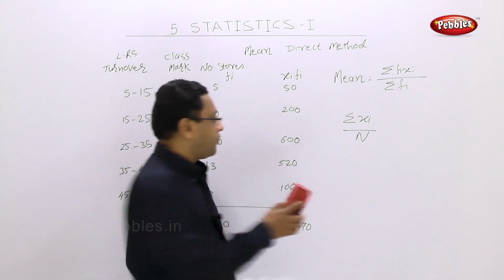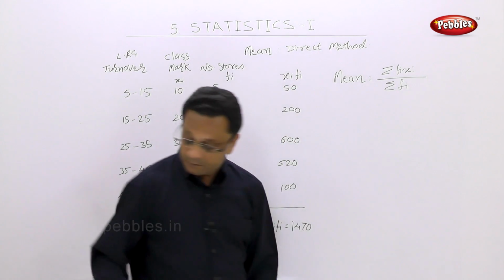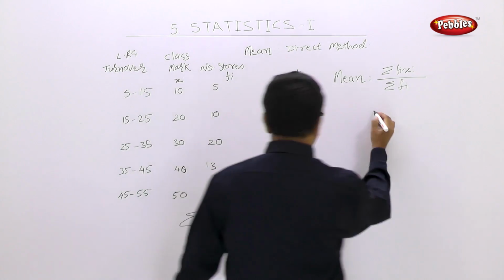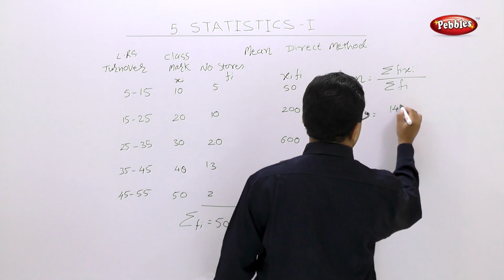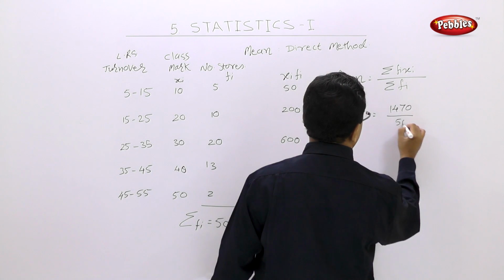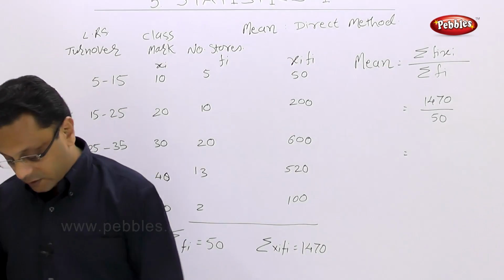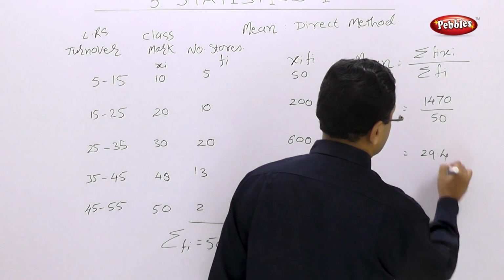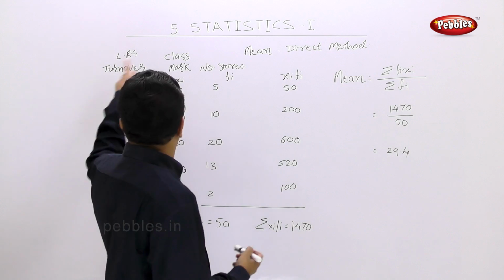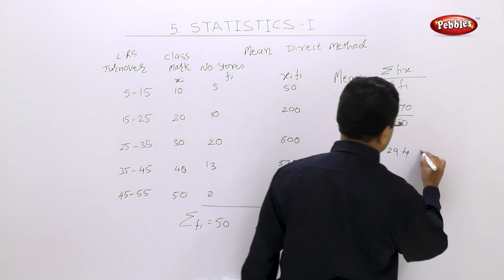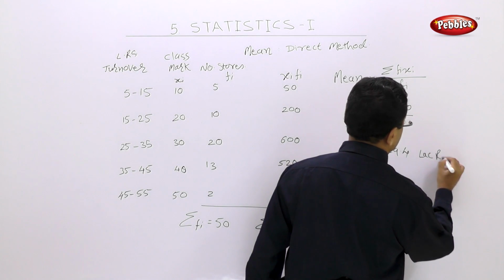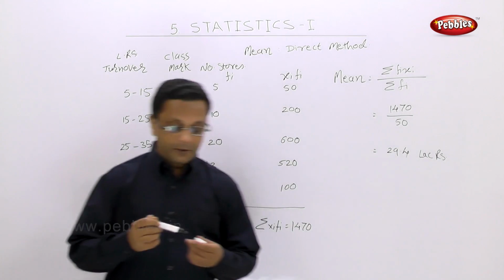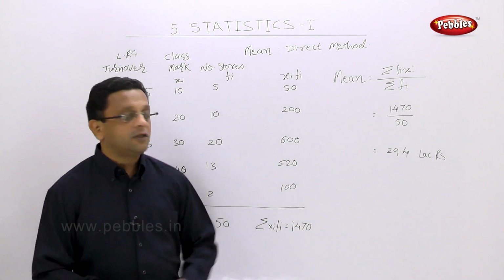So now let us find out for this sum. So we have 1470 upon 50. The answer is 29.4. Don't forget the units, lakh rupees. So this is the mean.